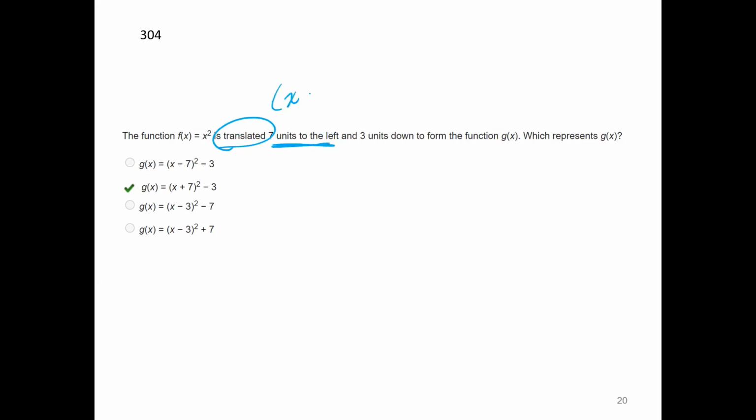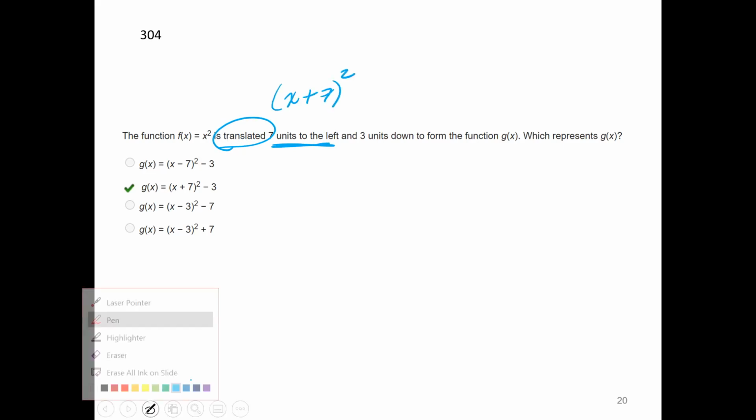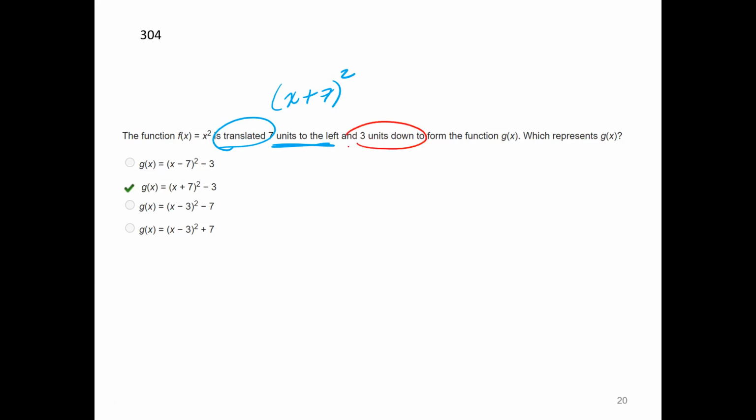So that's going to be x plus 7. That's the first thing you have. Okay. And then it says something like it's 3 down. So then it's going to be minus 3. So which one has x plus 7 squared minus 3? And that is your correct answer.